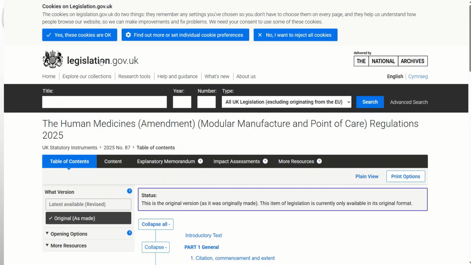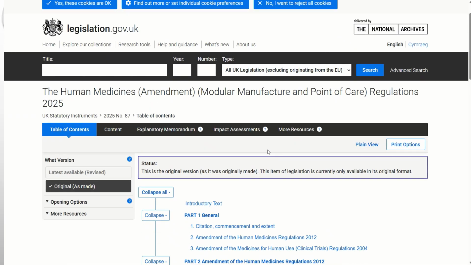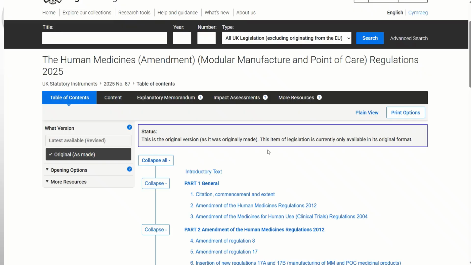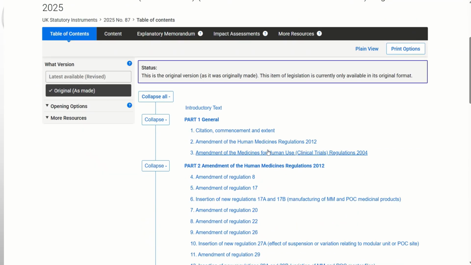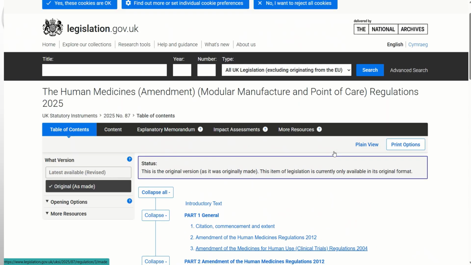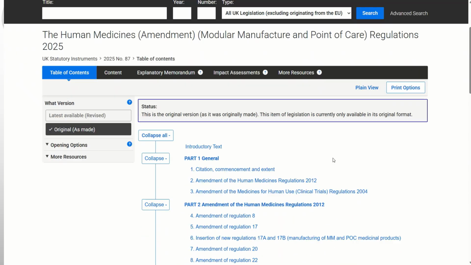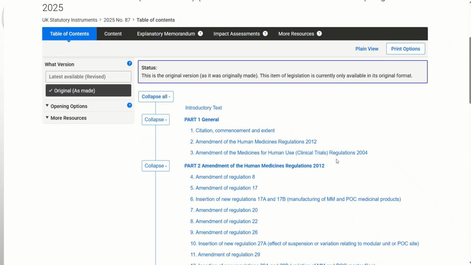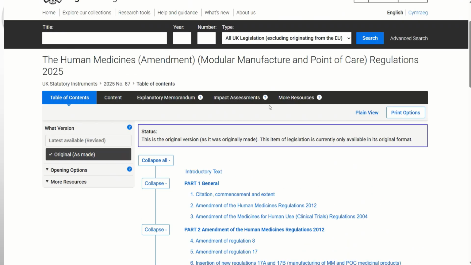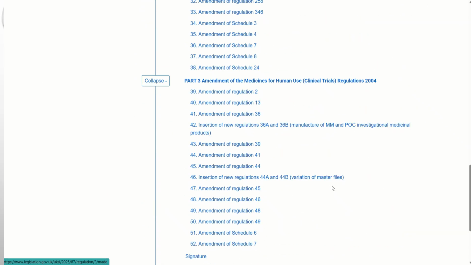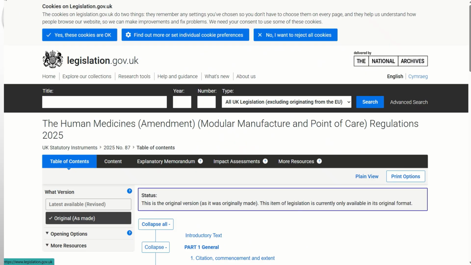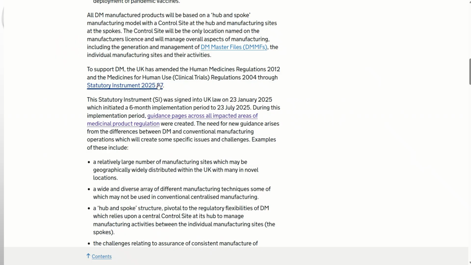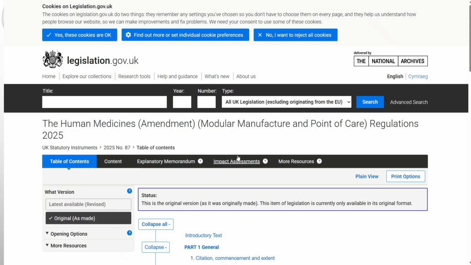So this is legislation.gov.uk, which has all of the statutory instruments, all of the legal information on everything, not just pharmaceuticals and medicinal products. So here we have the general statutory instrument and the update, 87. I'm not going to look at this because it's not the purpose of this statutory instrument. Number 87 relates to, oh, here it is.